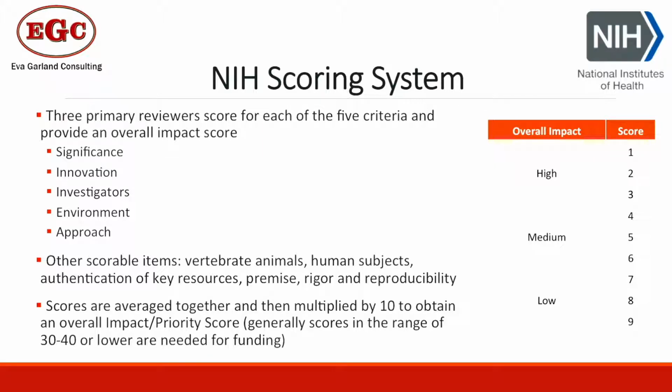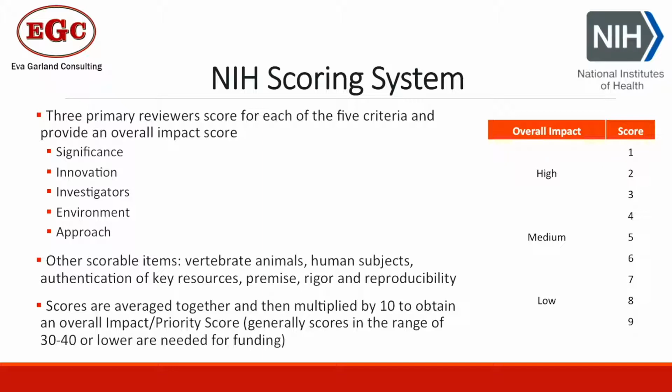So for most of these, probably that is going to be reflected in your approach score. Premise, rigor, and reproducibility, that's definitely going to be reflected in your approach score. So they're definitely scoreable, but they don't have their own separate criteria. Reviewers will typically just comment on these items inside of the other sections.